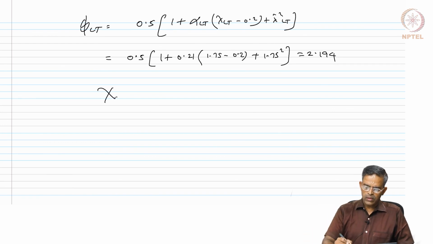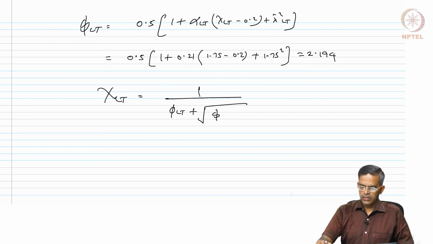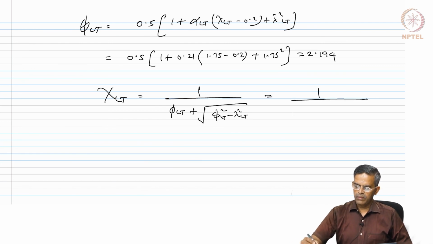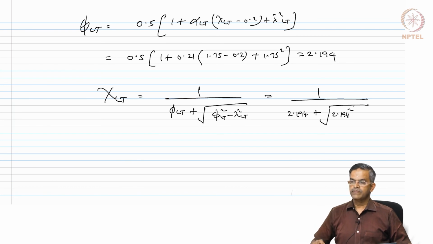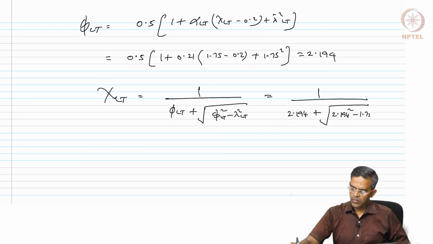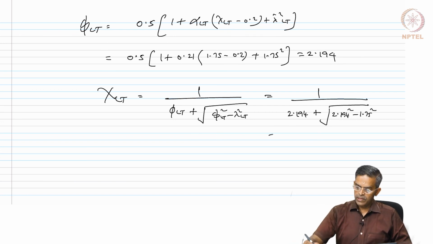So, now I can calculate chi LT as 1 by phi LT plus square root of phi LT square minus lambda square, which will be 1 by 2.194 plus square root of 2.194 square minus 1.75 square, which comes to 0.284.